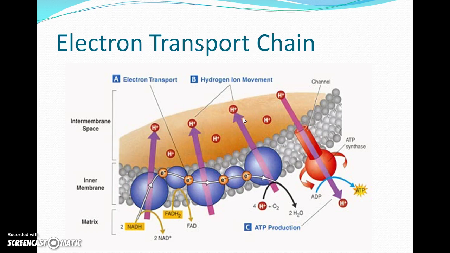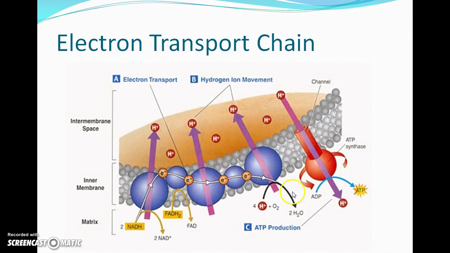Once we build up that gradient, now we have a high concentration of hydrogens on this side and a low concentration of hydrogens on this side. We get to our ATP synthase. And through facilitated diffusion, we move these hydrogens back inside the mitochondria. And remember, your ATP synthase makes ATP.